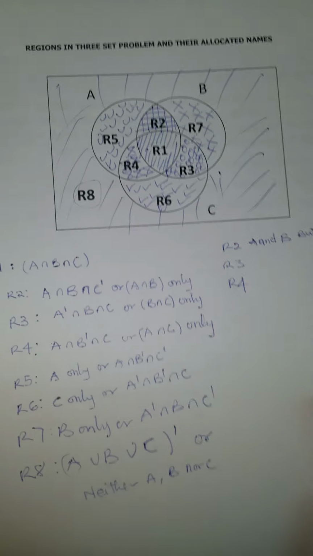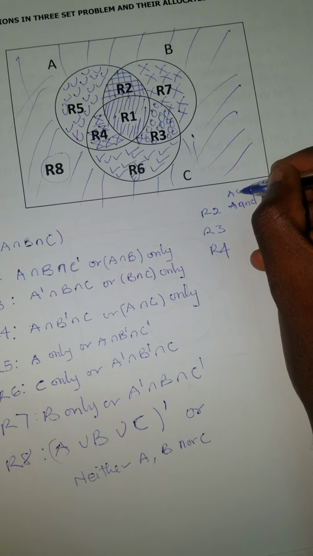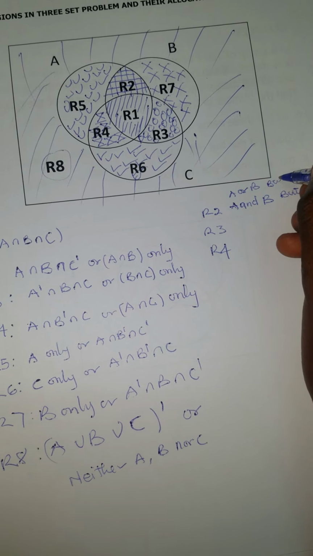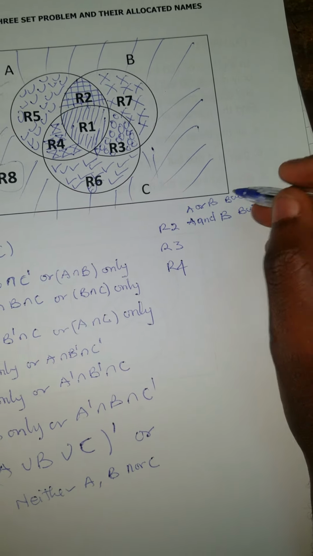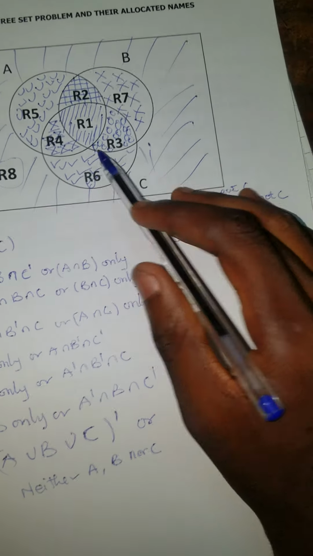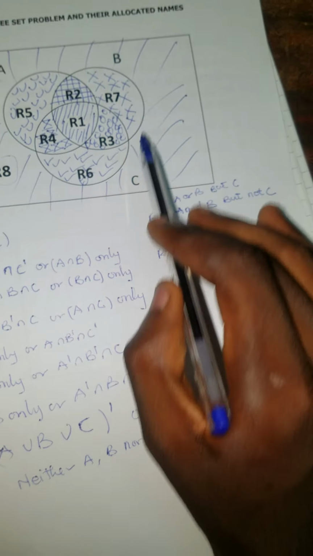Please be careful about this. If they say A or B, but not C, it's a different thing altogether. A or B, but not C.